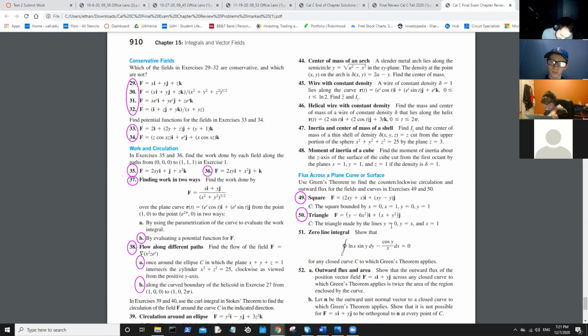And then we evaluate that from 1 to 0. Obviously the 1 is just going to be y again. So 1/2 minus 1 minus 0 minus 0. So negative 1/2 for circulation, and that's what we got for the answer. Yep, and that is the answer in the book.